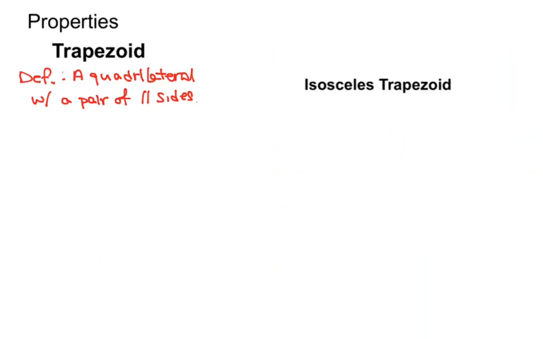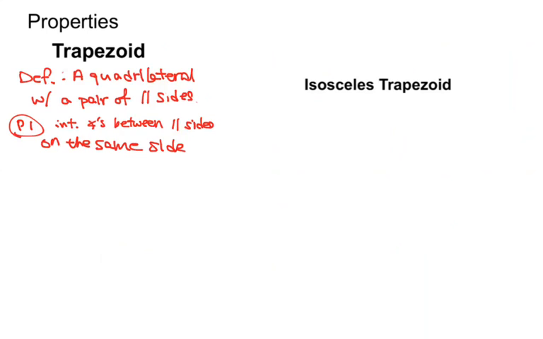Alright, now from here, one of the properties that we realized was interior angles between parallel sides on the same side are supplementary. So that's what we have to realize about the trapezoid.